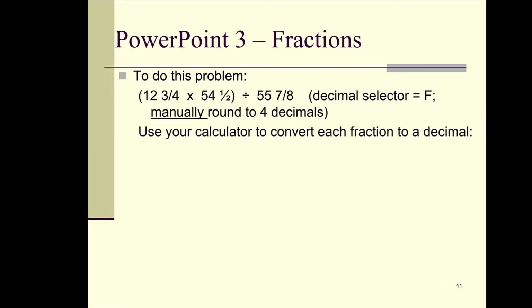So we have to convert each fraction to a decimal. You can probably do 2 of the fractions in your head. So 3 divided by 4 is 0.75. So 12 3/4 becomes 12.75. You might have to write that down when you're doing a problem like this on the test. 54 1/2 becomes 54.5 because 1 divided by 2 obviously is 0.5.